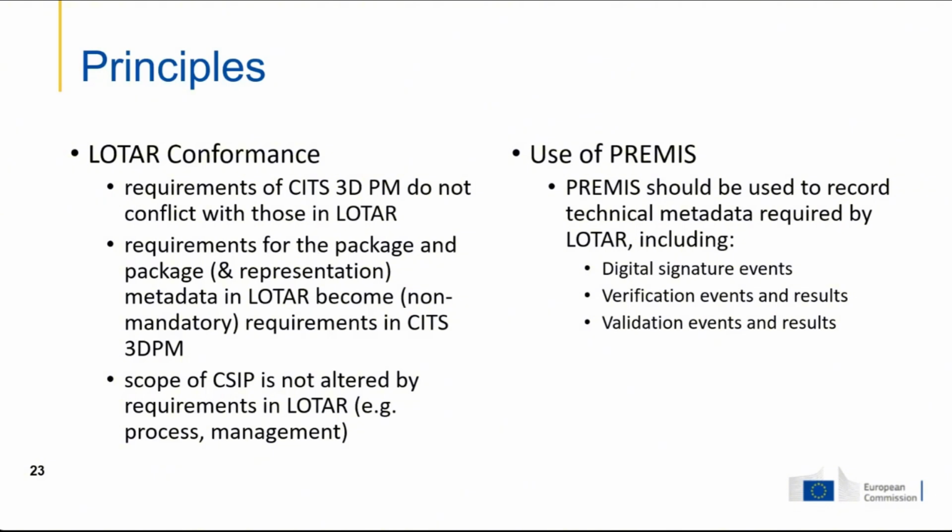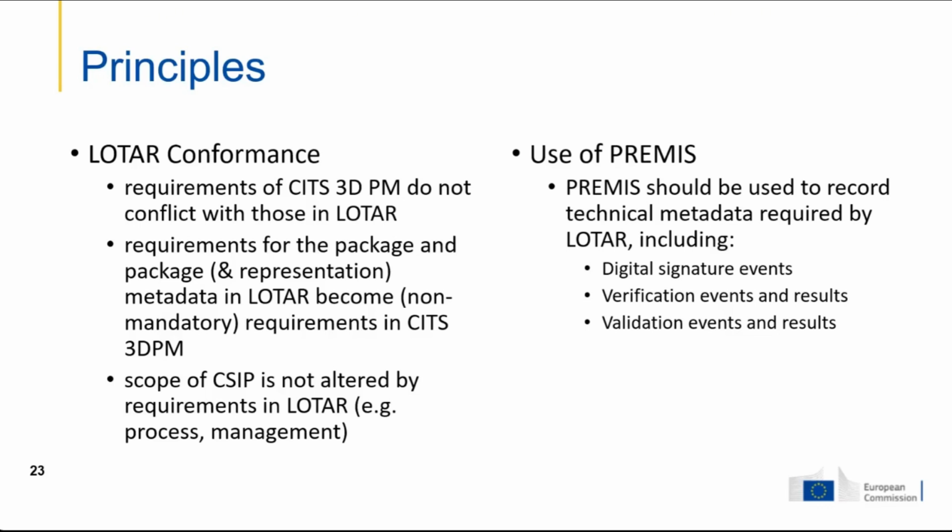The scope of the CSIP, most importantly, is not altered. So LOTAR requirements exist standalone, and there is no implication within the archiving specification that the scope of the CSIP is altered. So it's still only concerned with the actual package itself and the requirements to create interoperable packages. It's not concerned with the other things which LOTAR is concerned about, mainly around process and management procedures involved in producing the archival data.